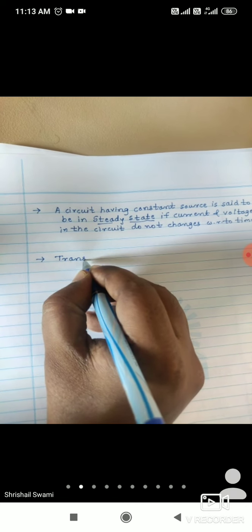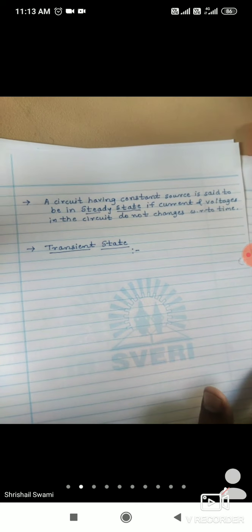the transient response or transient state. So what is the definition of transient state?